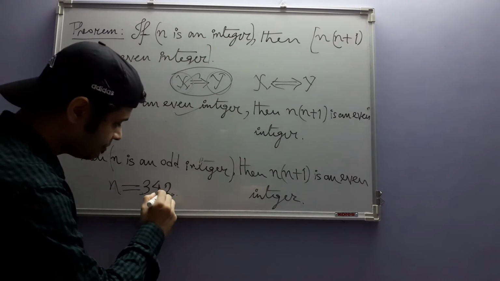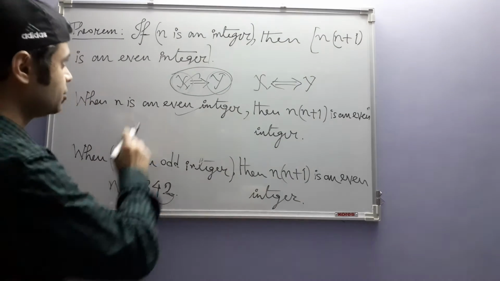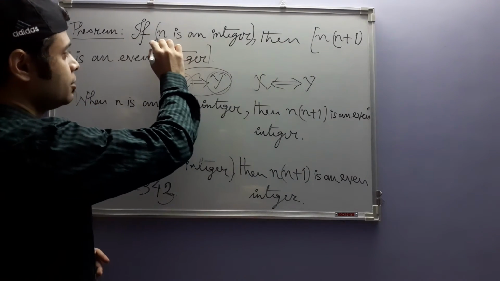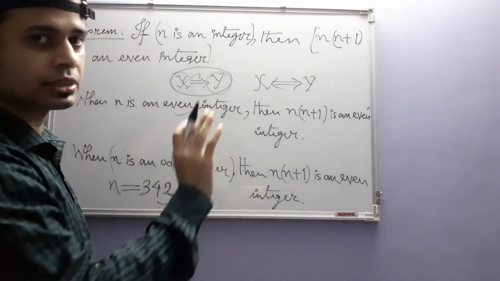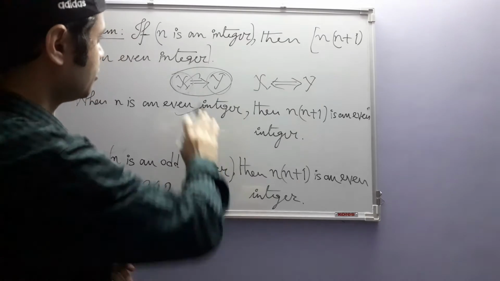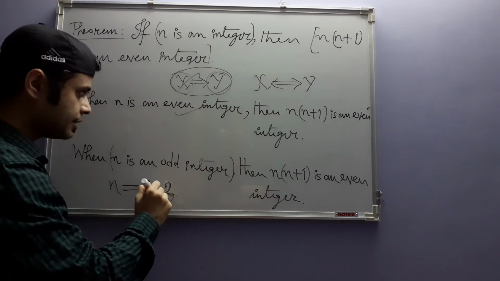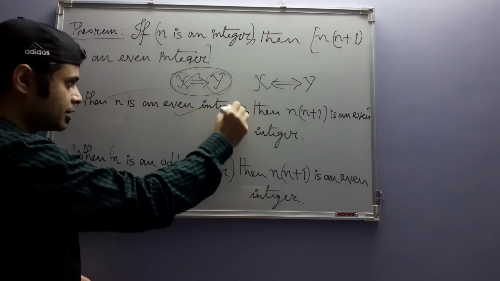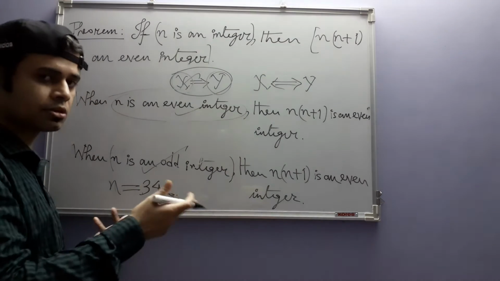And similarly, if n is odd, because we are stating the result for every integer, not just even or odd integers, so n can be odd also. In that case, this part of the proof becomes vacuously true, and this part of the proof is normally true.